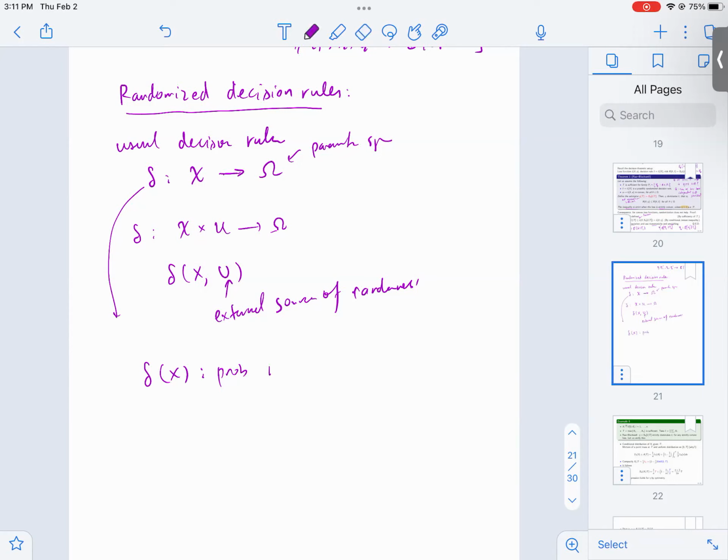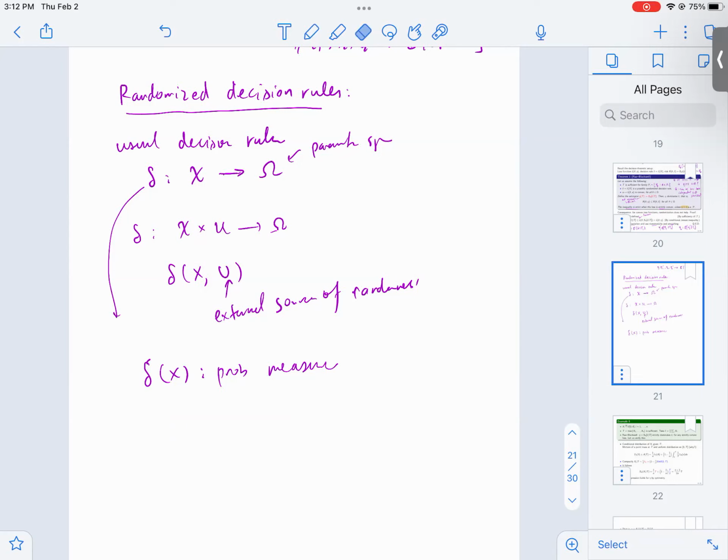So what you specify is the probability that delta of x is in A. It's not a very good way of stating it, but you understand what I mean.